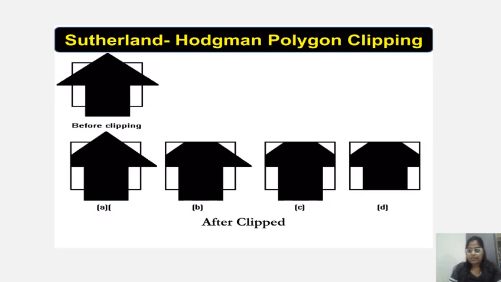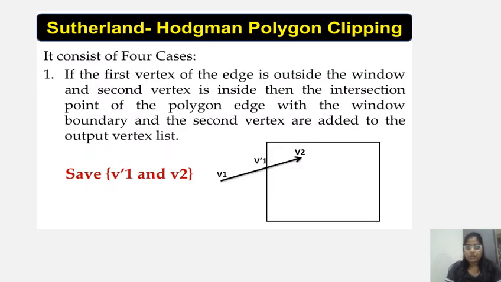In this clipping algorithm, we can consider four different types of cases. Case 1: if the first vertex of the edge is outside the window and the second vertex is inside, then the intersection point of the polygon edge with the window boundary and the second vertex are added to the output vertex list.